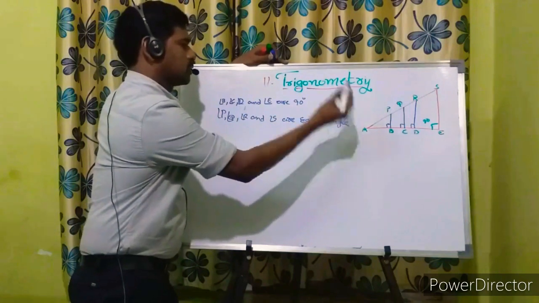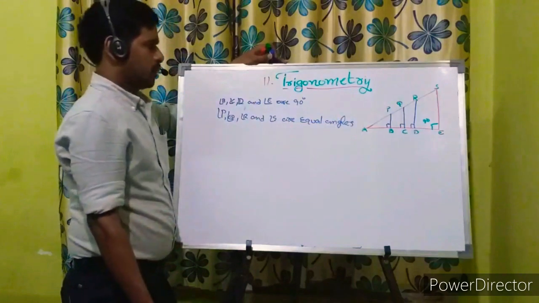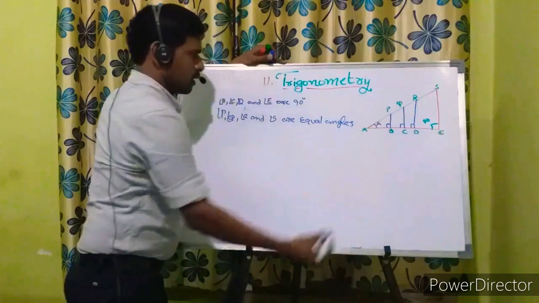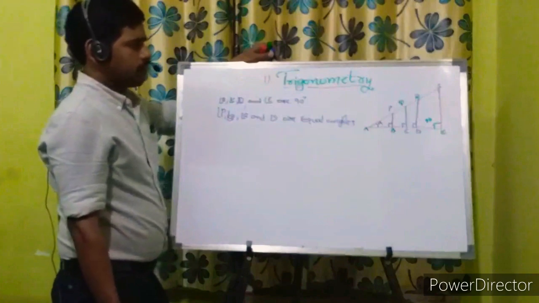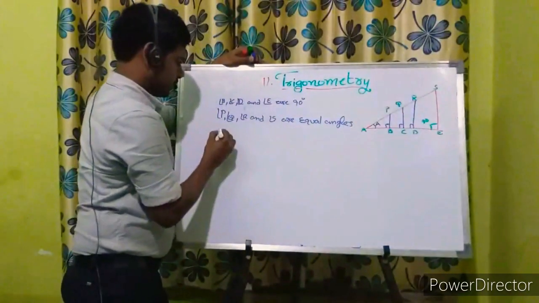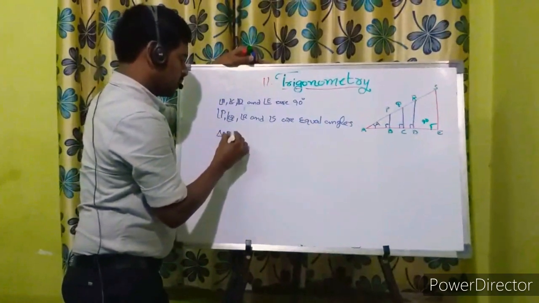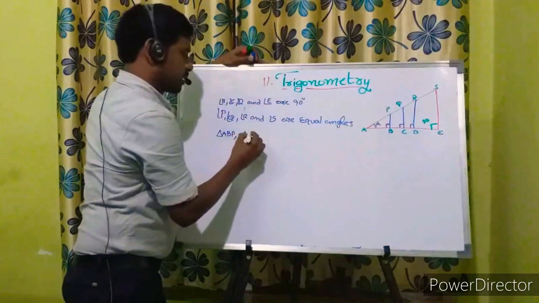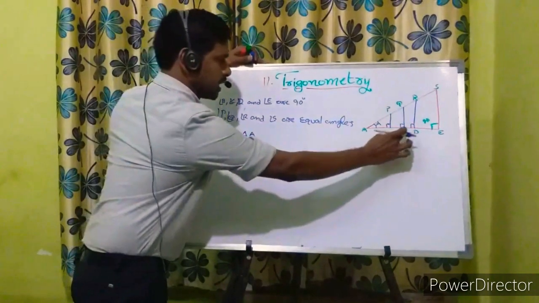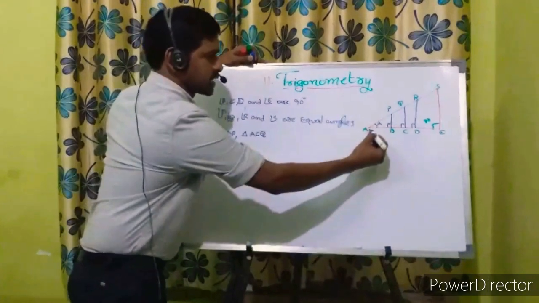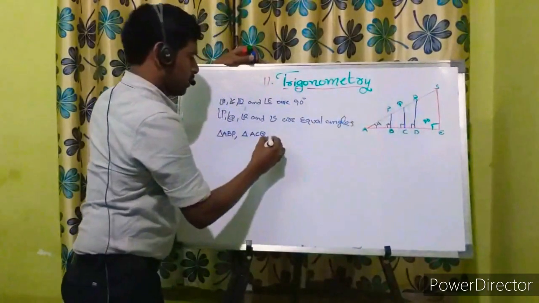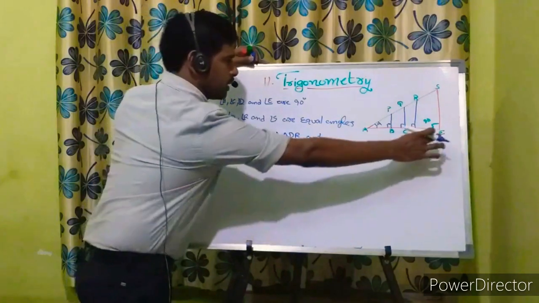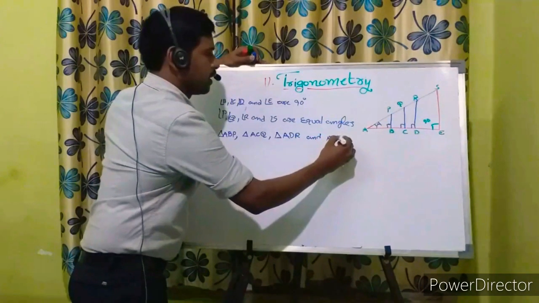Then observe angle A. Now we have to understand the triangles. First triangle ABP, next triangle ACQ, next triangle ADR, and AES.